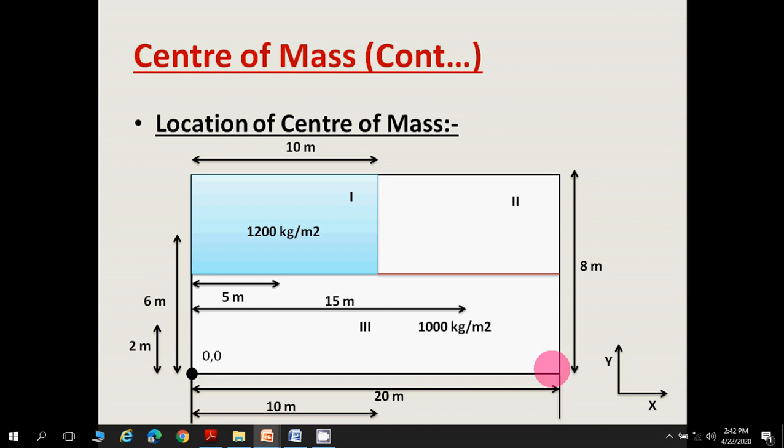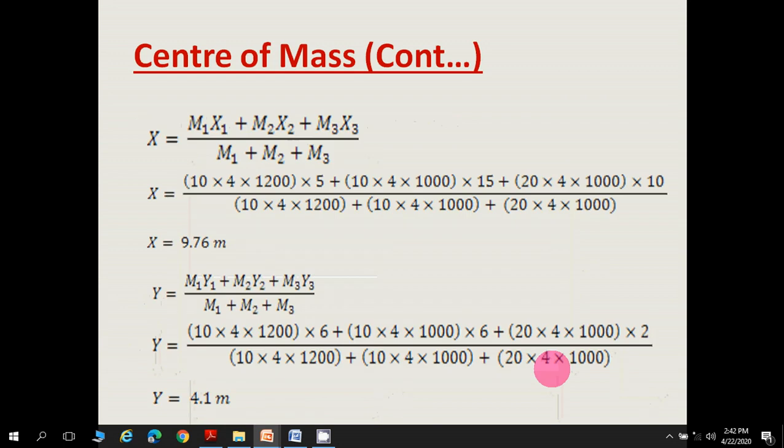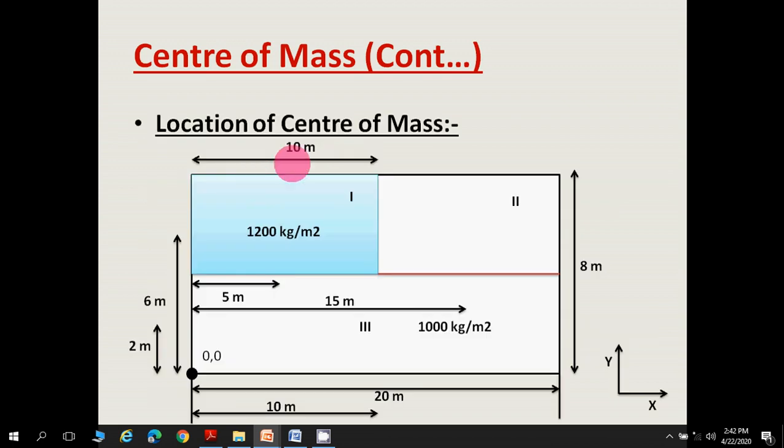As we have already found x1, x2, x3, y1, y2, y3, we put these values into the equations. If m1 is the total dead load of that particular floor plan, then for figure 1 the total dead load is 10 meter by 4 meter, its area, multiplied by its load intensity. So the total load on floor 1 is 10 by 4 multiplied by 1200.